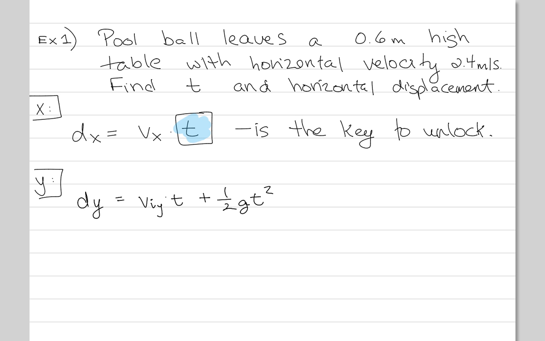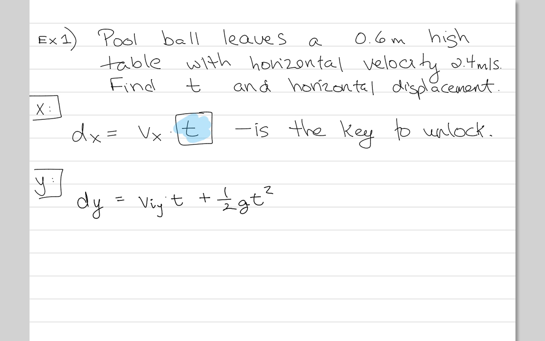Good. And initially, what's the vertical displacement of this object initially? What's the vertical velocity? Initially, the vertical velocity of this thing.